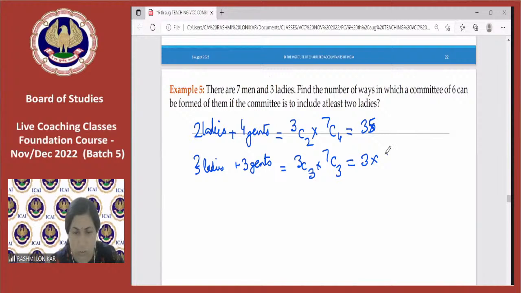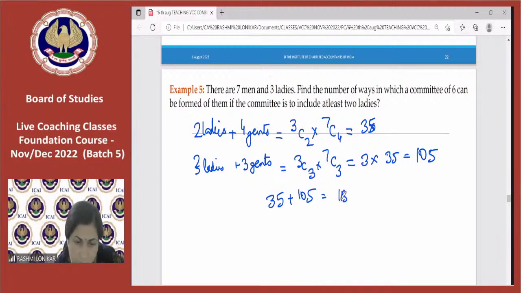So this will also be equal to 35. So this is equal to 105. So at least 2 ladies, this will be equal to 35 plus 105, which is equal to 140.